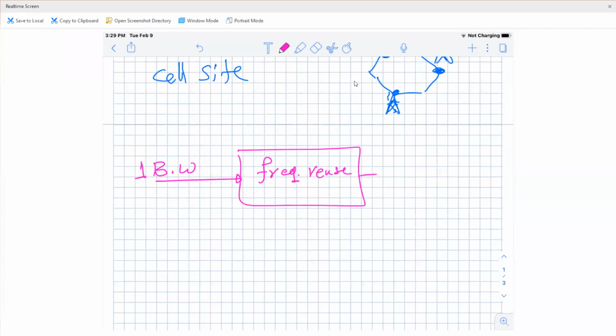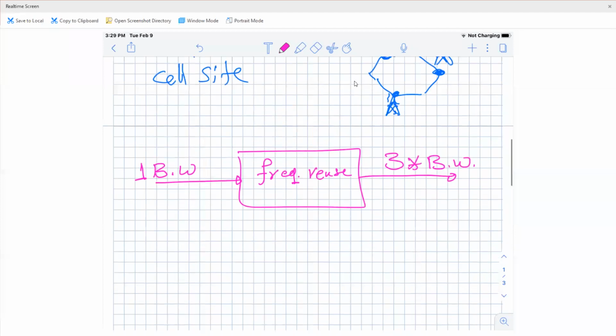The output, of course, in this figure becomes 3 bandwidths. Now, can anyone tell me what we can conclude from this operation, please? What can we conclude? Increase the number of users. Yes, the number of users increased.